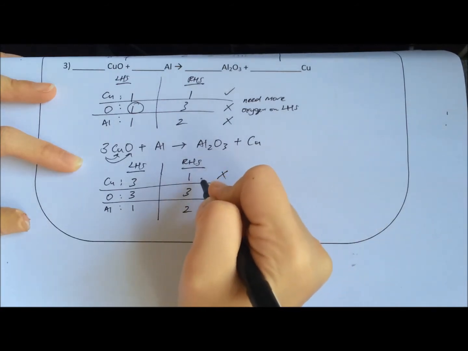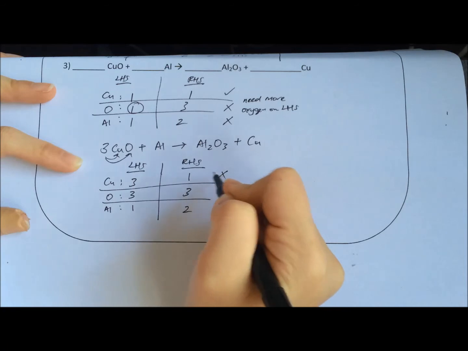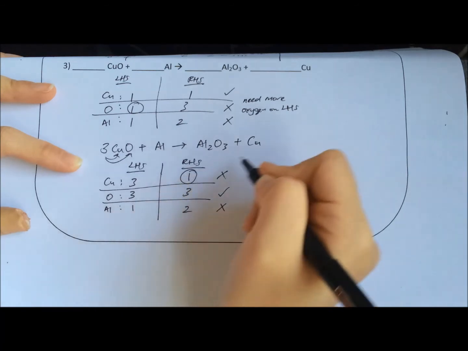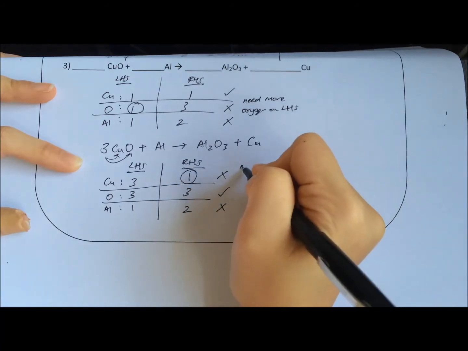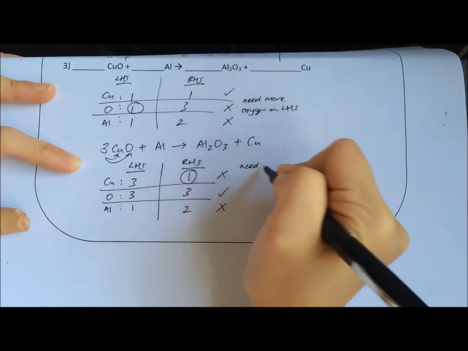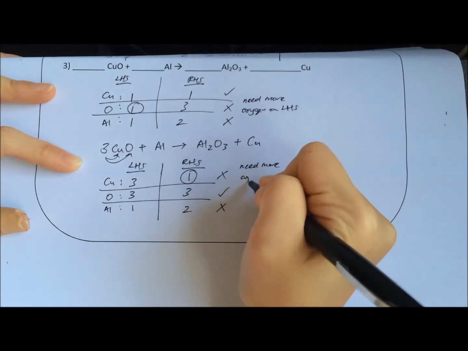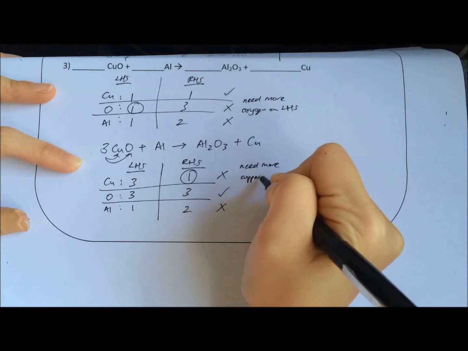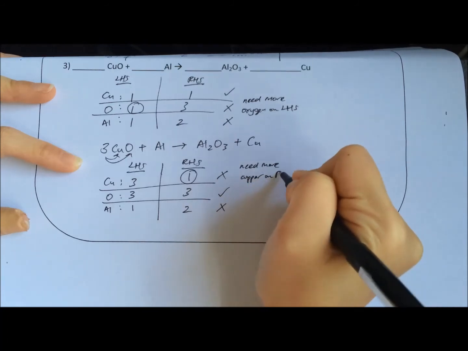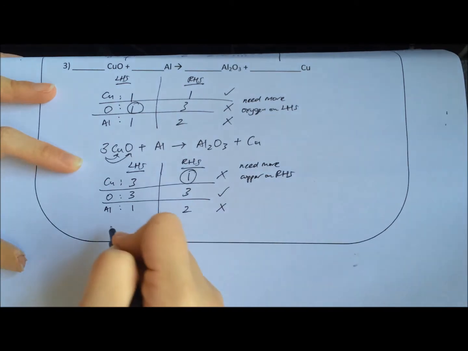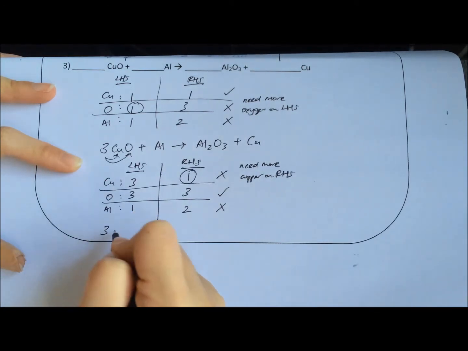So we can choose to do Cu. Cu on the right hand side needs more, because on the left we have 3 already. Can you think of what number you should put in front of Cu? On the left we have 3, on the right we only have 1. What number can we put in front of Cu?